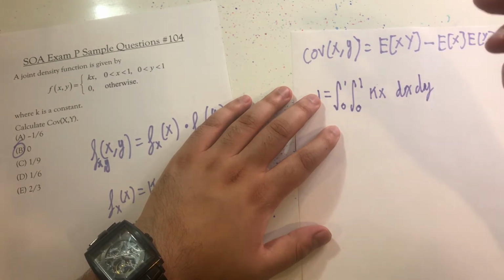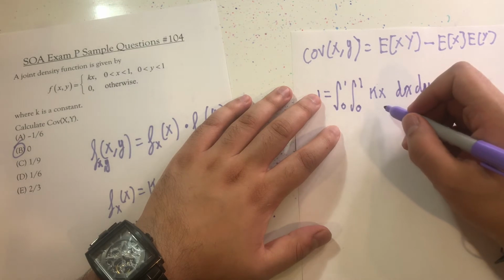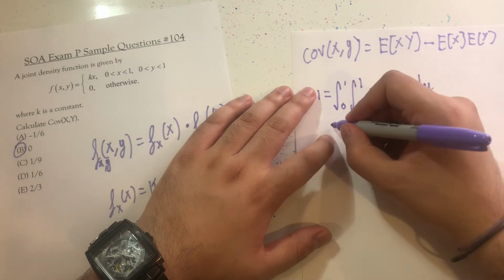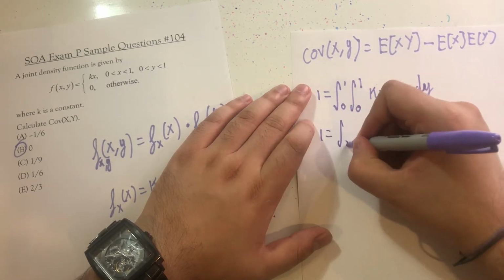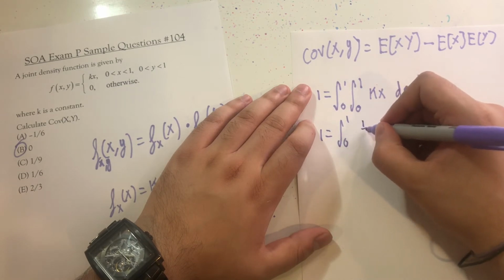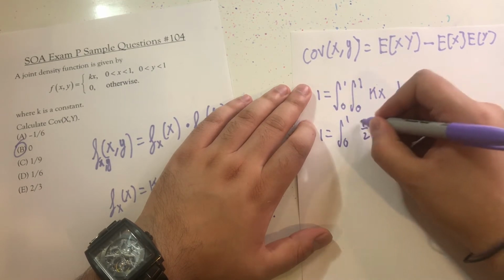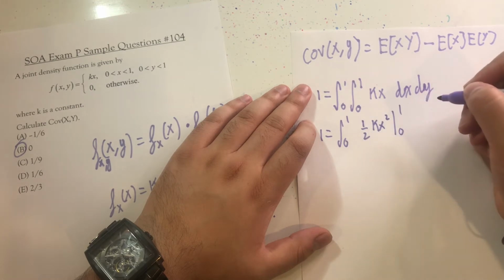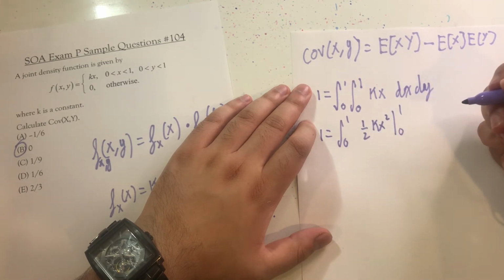Now, integrating here, I get 1/2 kx squared. So 1 is equal to the integral from 0 to 1 of 1 over 2 kx squared from 0 to 1. Obviously, the lower bound is going to be 0.